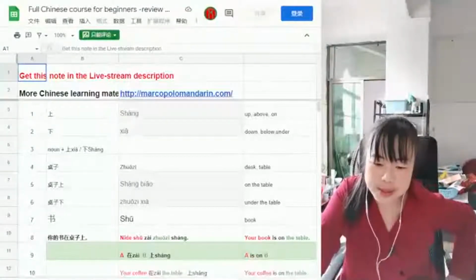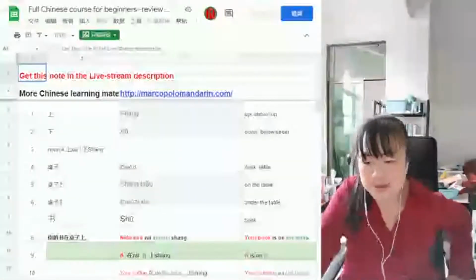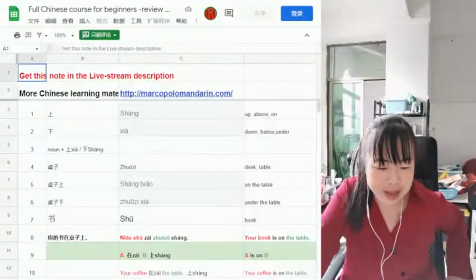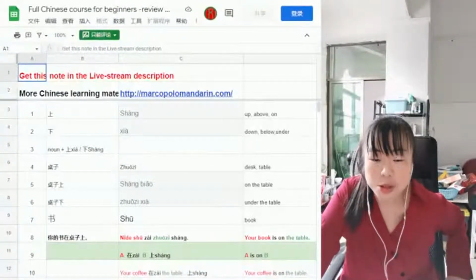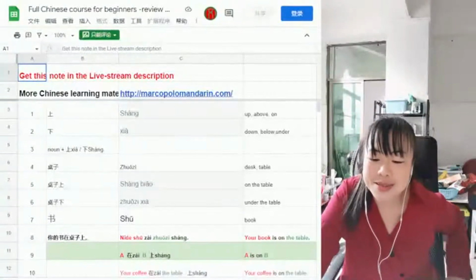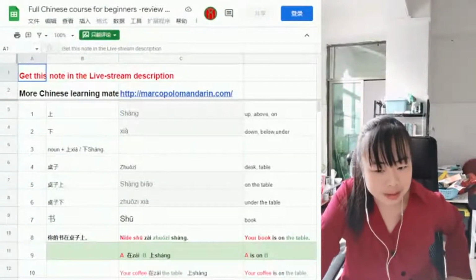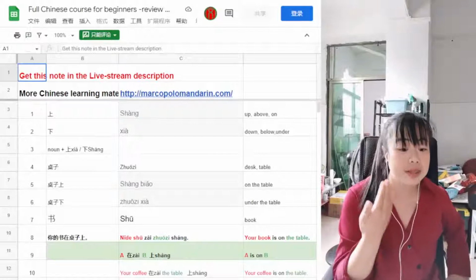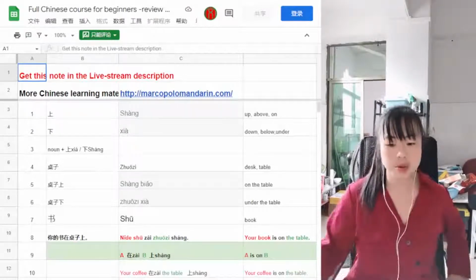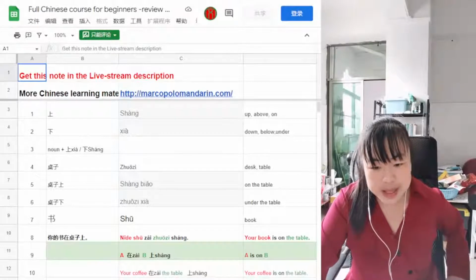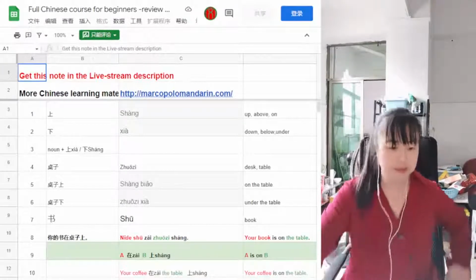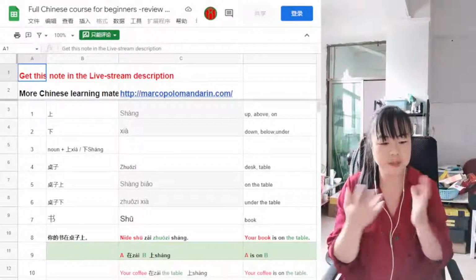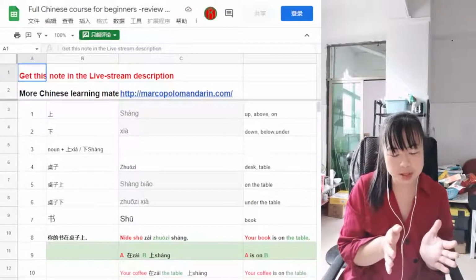One is 桌子在饭店里. One is 桌子在饭店里边 or 桌子在饭店的里边. These three sentences exactly mean the same thing, and they are all correct. Up to now, I guess you have a big picture, a complete picture about the directions in Chinese, right?